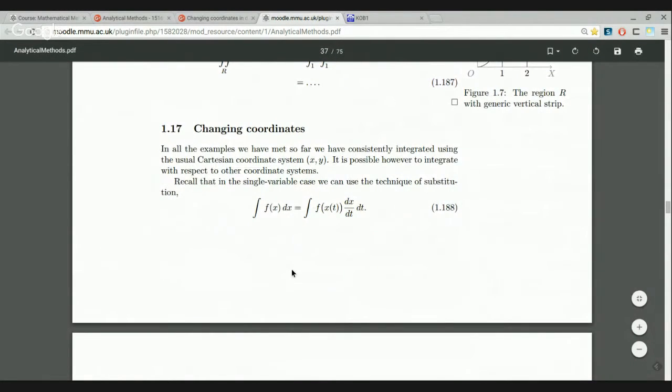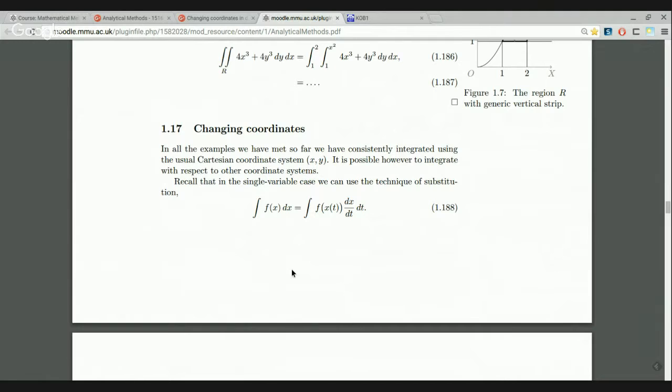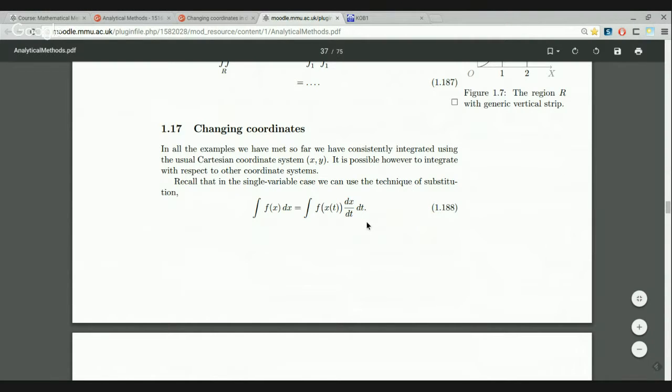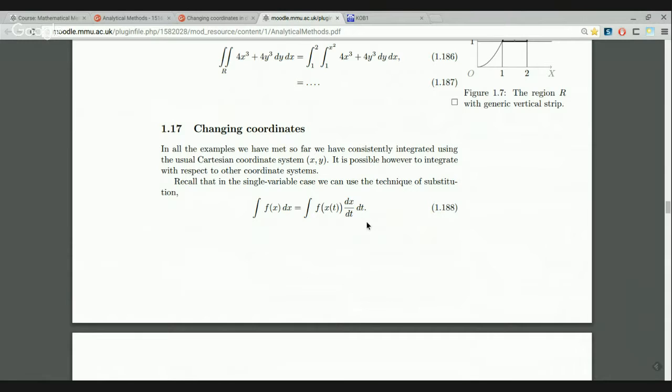On the left here, you've got the standard kind of thing, the integral of a function of x dx, and on the right-hand side, you've got an equivalent integral. But we've now changed the representation, so no longer is x the argument of the function and the variable of integration. On the right-hand side, you've performed a substitution, so you've replaced x with the function x of t.